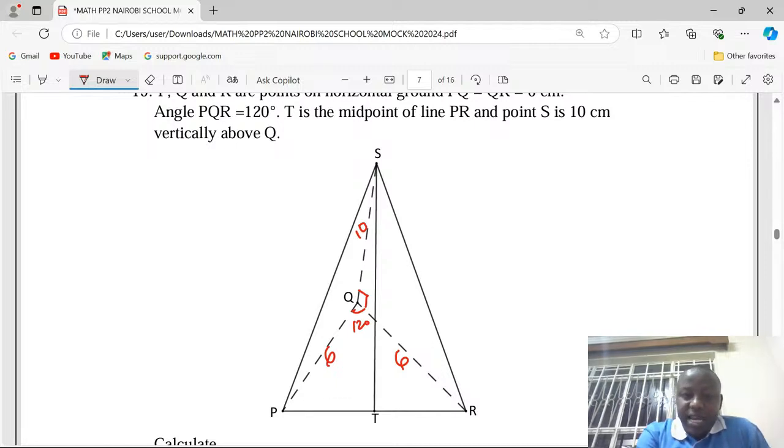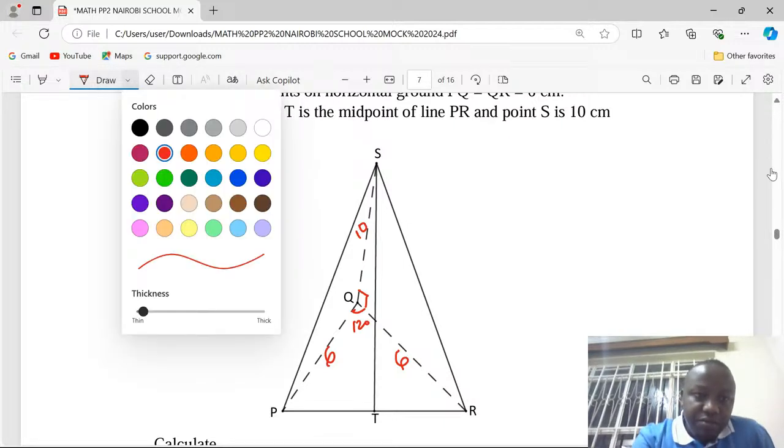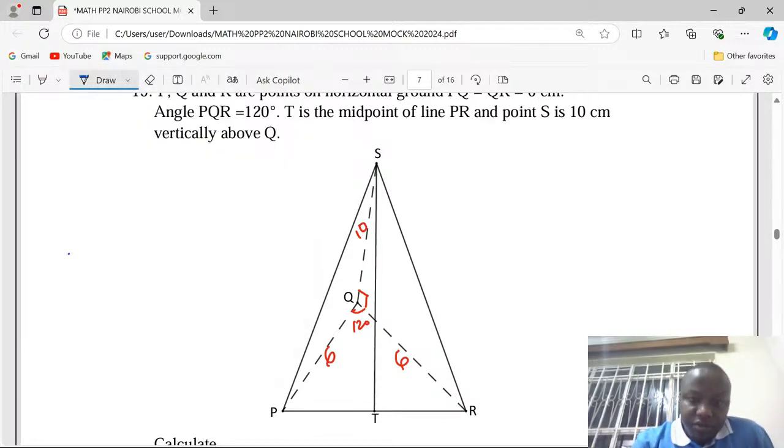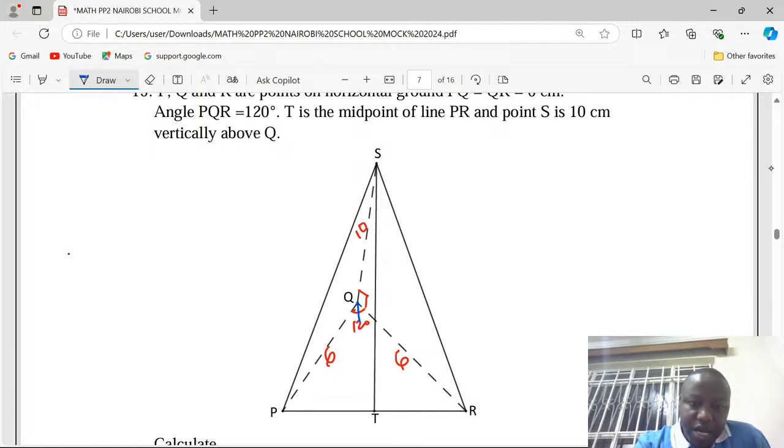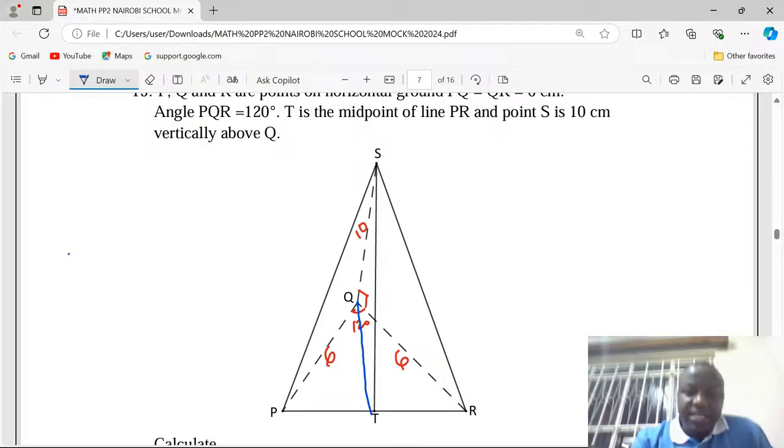So now with that angle of 90 degrees, we can proceed to work out a few things. For example, when I divide through from Q to T, remember I've not even seen the demand of the examiner.